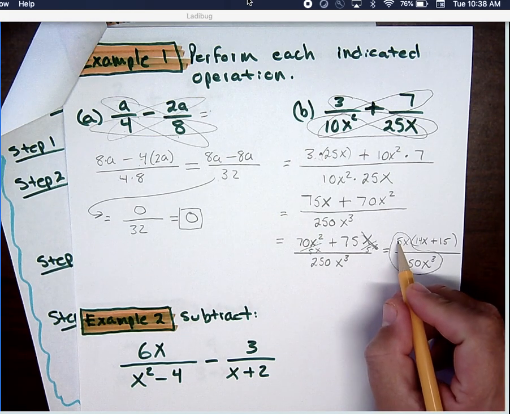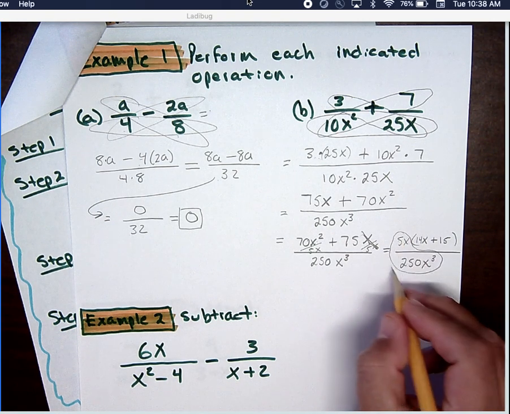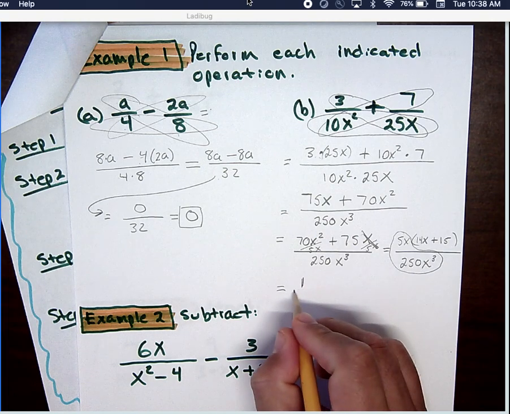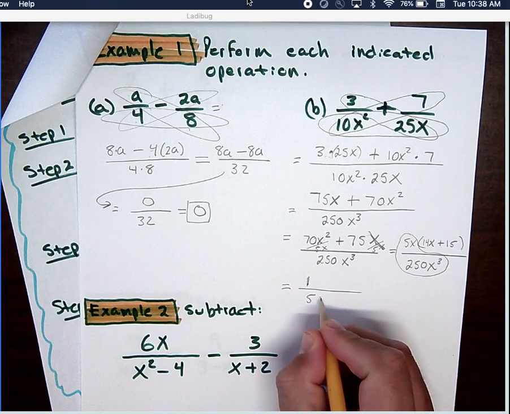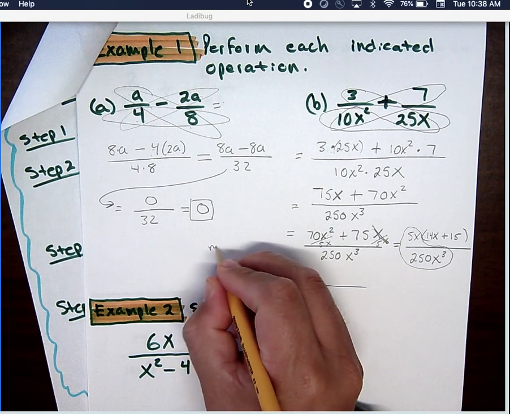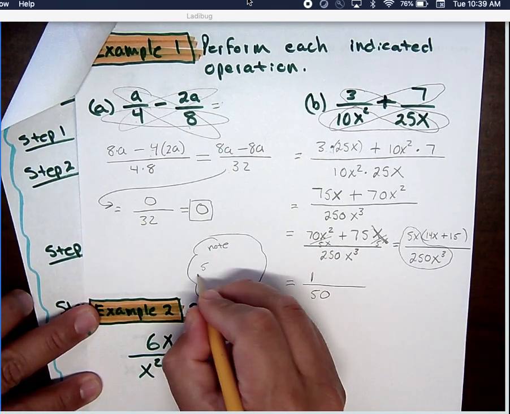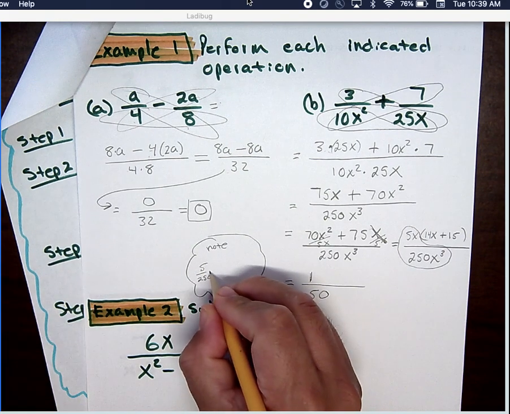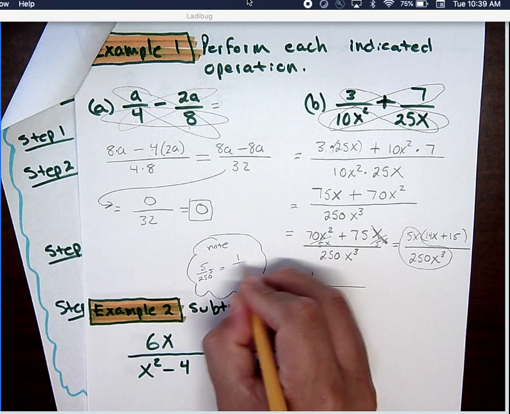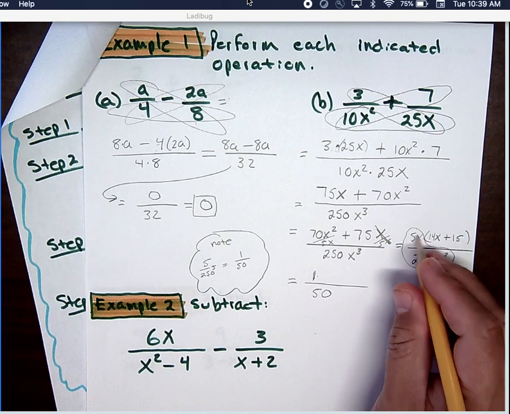So 5 over 250, you can put it in the calculator. Let me put it here as notes. This is what happens with 5 over 250. Both numbers can be divided by 5. So 5 over 5 would equal 1, 250 over 5 would equal 50. That's why I have 1 over 50 for these two numbers.